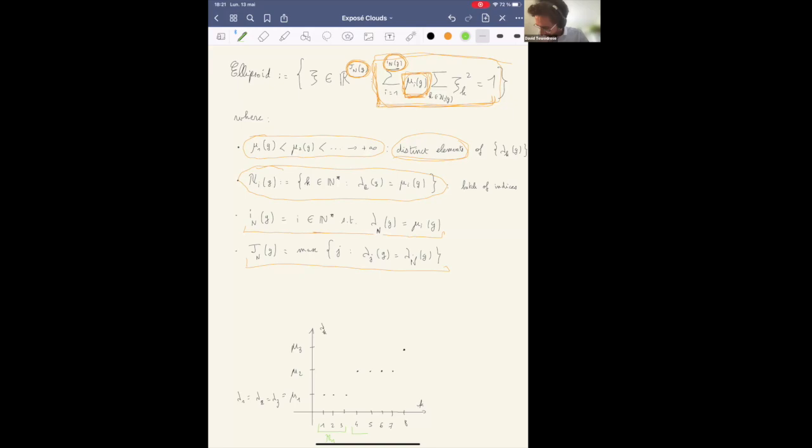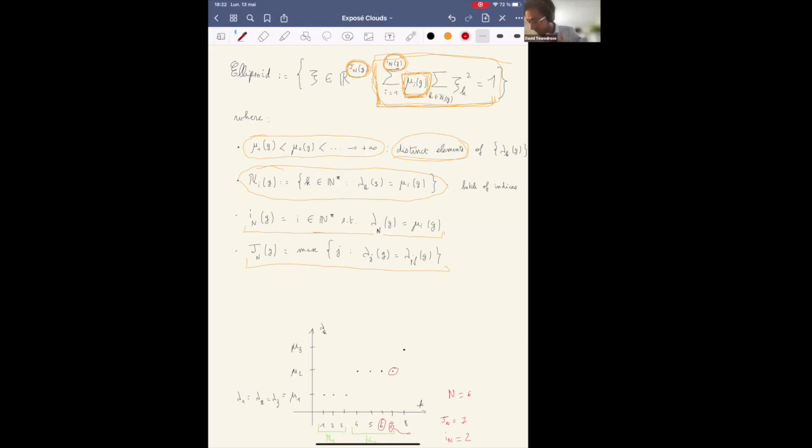This set of indices is Aleph2. And so for instance, if n is equal to 6, then Jn is equal to 7 and In is equal to 2. Okay.